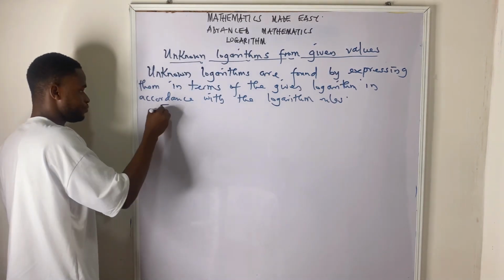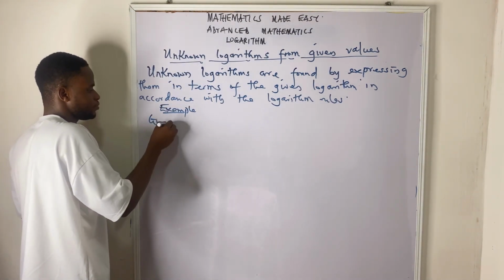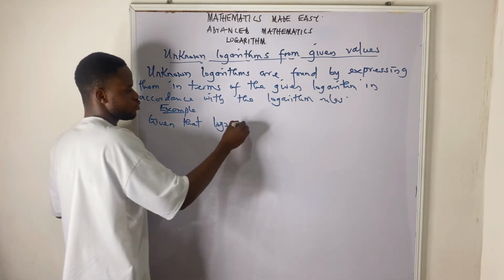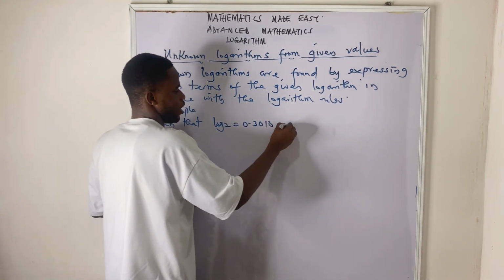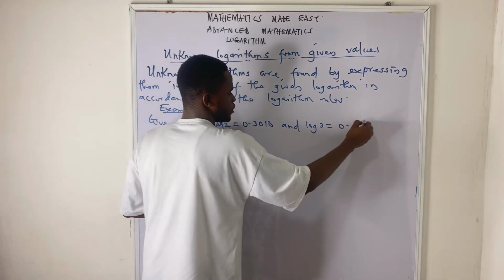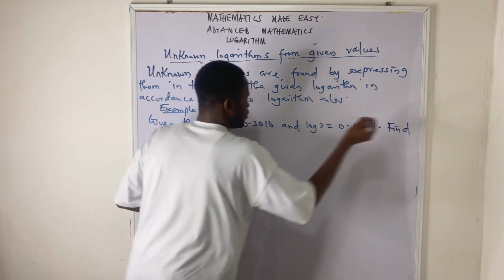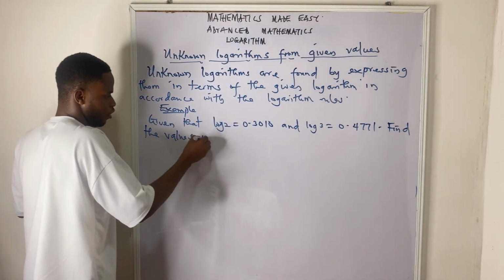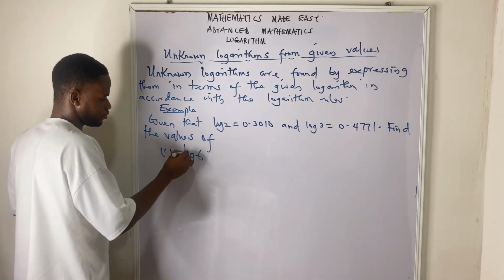For example, if you are given that log 2 is equal to 0.3010 and log 3 to be equal to 0.4771, and you have to find the value of, let's say, log 6.